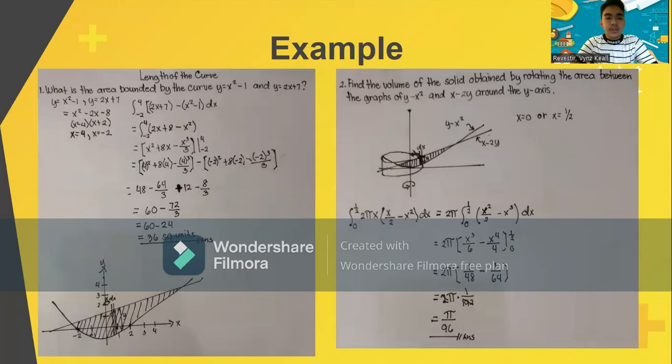So first, what is the area bounded by the curves y equals x squared minus 1 and y equals 2x plus 7? Here, first we solve for the plots so that we can find the intersection of the graphs, and we integrate the two functions y equals 2x plus 7 and y equals x squared minus 1, with the limits from -2 to 4, which are the points of intersection.